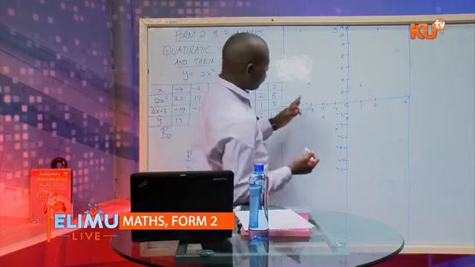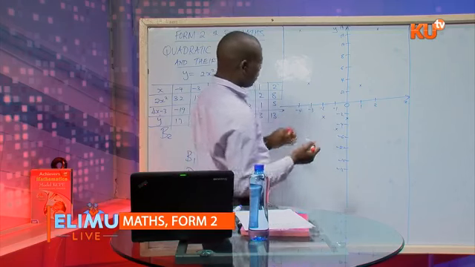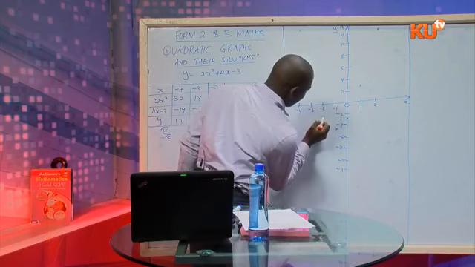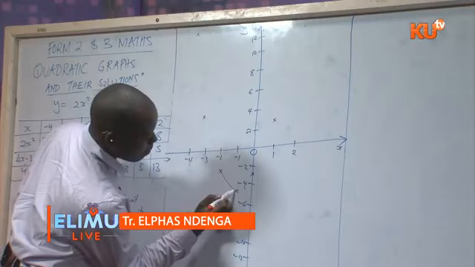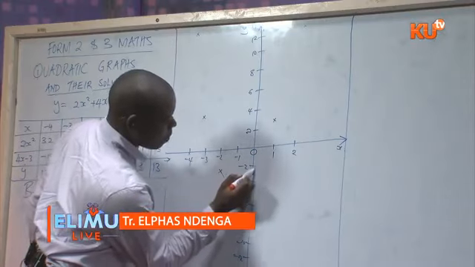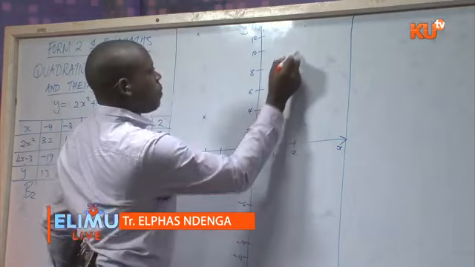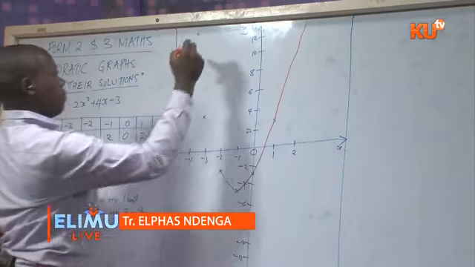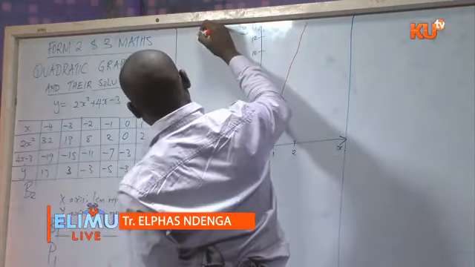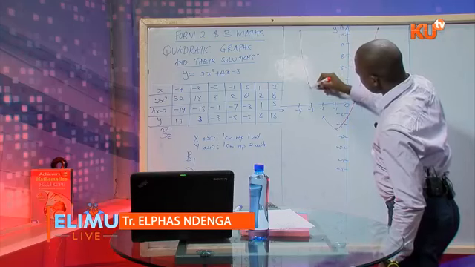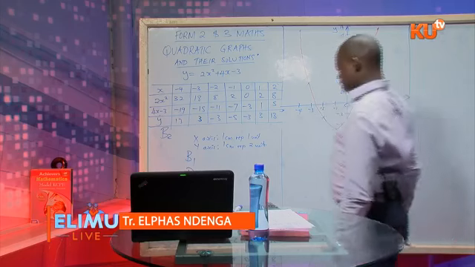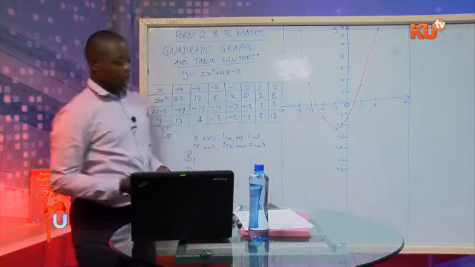Join, ensure you have the right turning points. So I will join. So that is our curve.